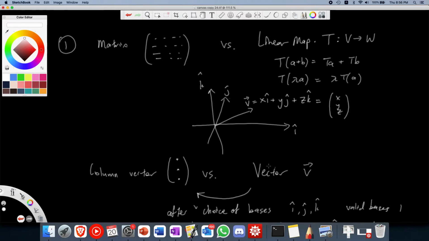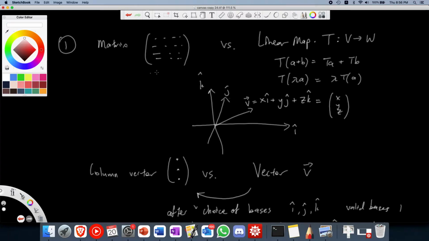That's the key difference between a vector and a column vector. In a very similar spirit, a linear map represents an abstract transformation on this vector v. It acts on the vector space and gives you another element of a vector space, but a matrix is a representation of this linear map in two choices of bases.